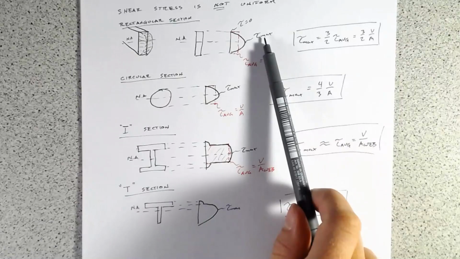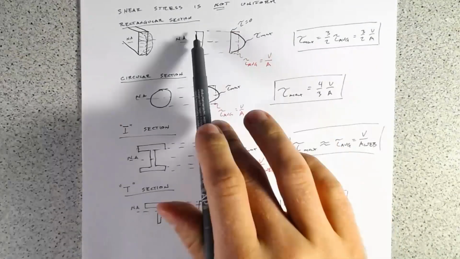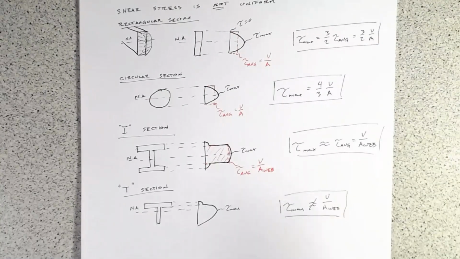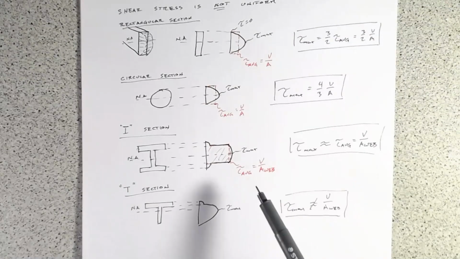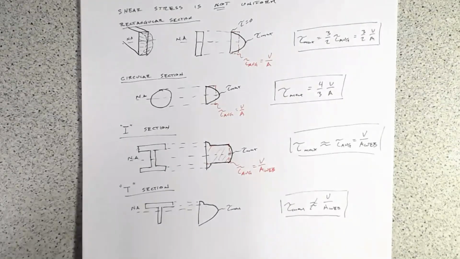Our maximum shear is always at the neutral axis. Shear at a free surface is always 0. And there seem to be some cases where we can make an assumption that the average shear stress, just a force over an area, is a good approximation for what our maximum shear stress is.